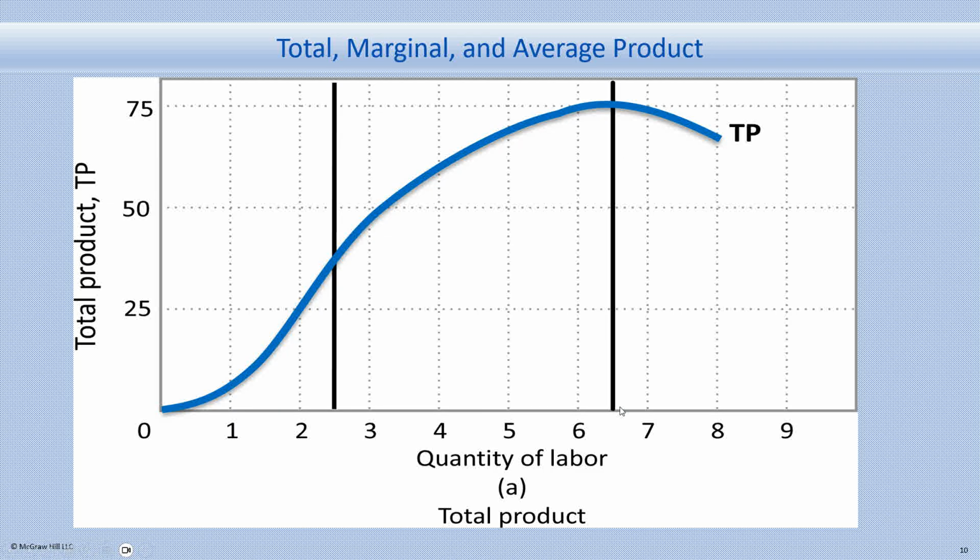That's when you have 6.5 workers. So how do you have half a worker? Maybe someone works half a day, or they work 30 minutes every hour or something. Beyond that, total product falls off. So this is called a total product curve.